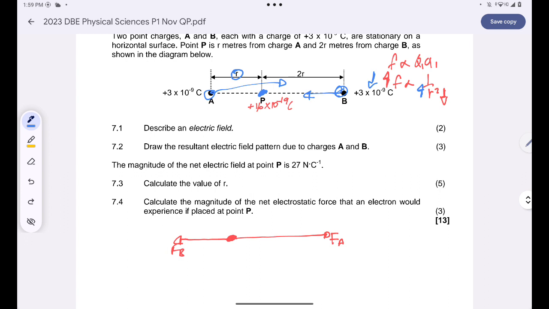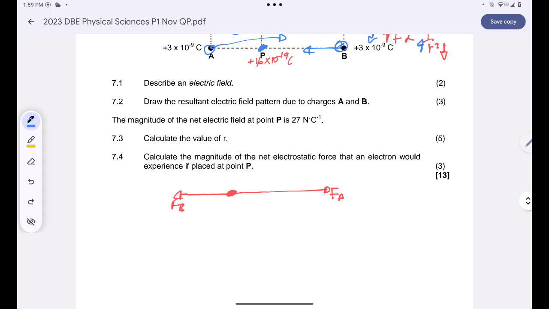Then now we are supposed to find the distance between A and P, but we are given the E net, right? I know that E net is equal to the electric field due to charge A plus a negative electric field due to charge B. Why is the other one negative?